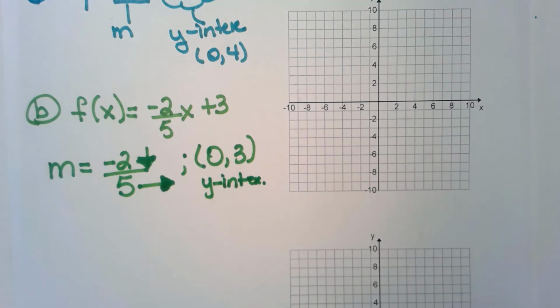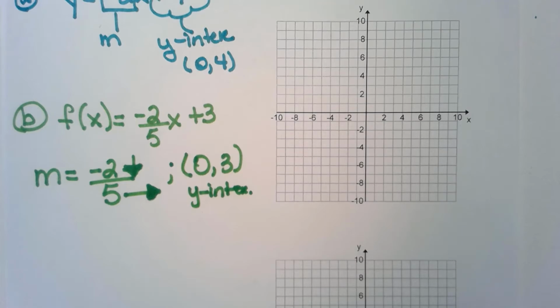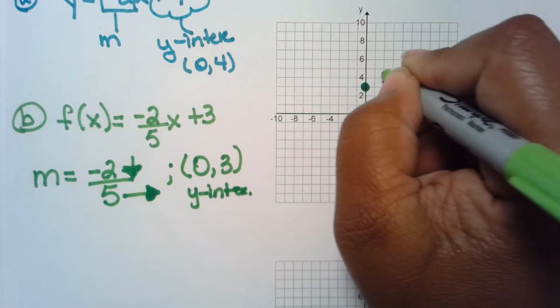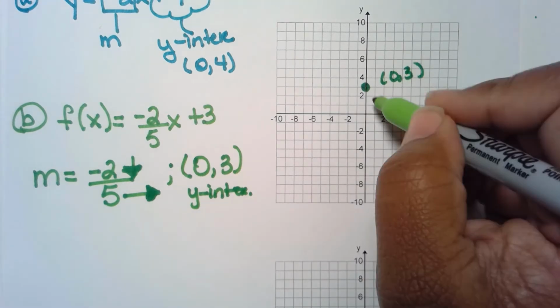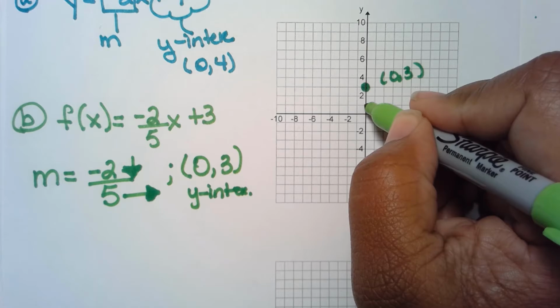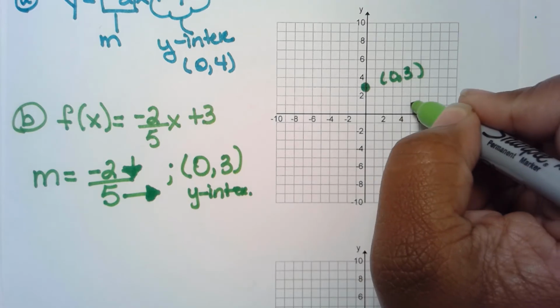So we have all of the information that we need to create this line. And let's draw this line. Start at 0, 3 on the y-axis. From there, from 0, 3, count down 2 units, 1, 2, and we're going to run 5 units to the right. 1, 2, 3, 4, 5.